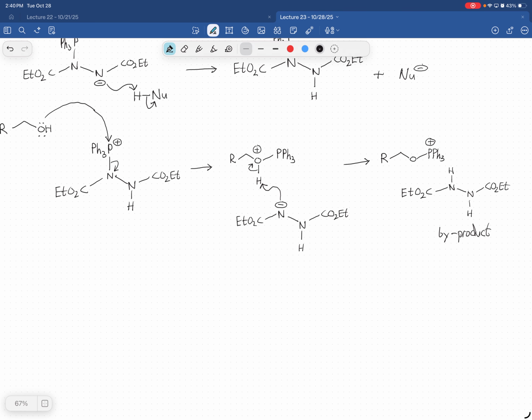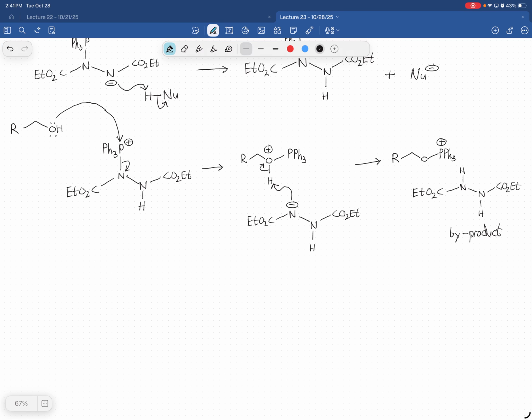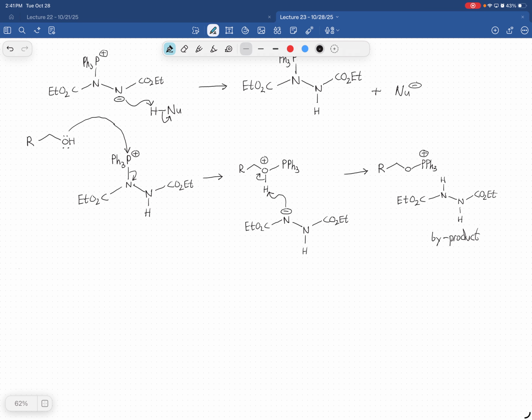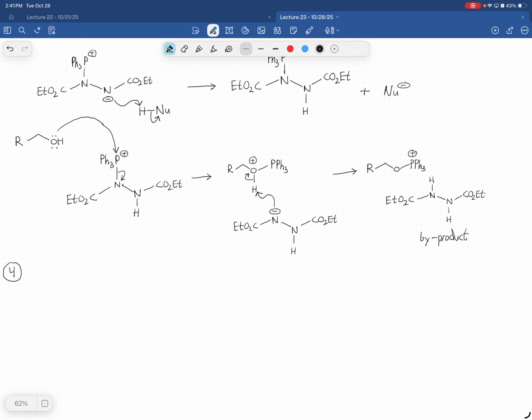Okay, so the last step here, let's zoom out a bit. Number 4. Okay, number 4, your nucleophile approaches the modified alcohol, just like we saw before.